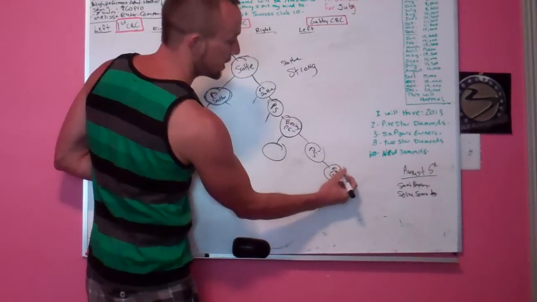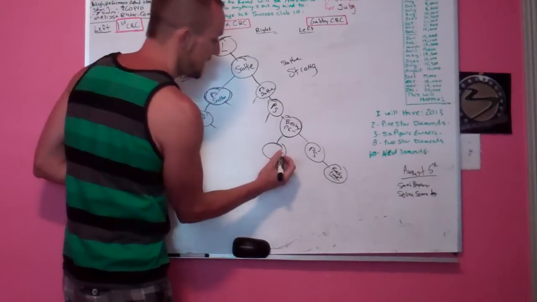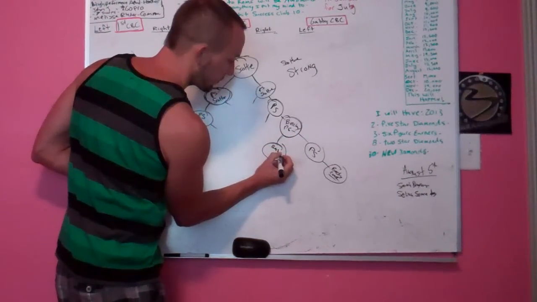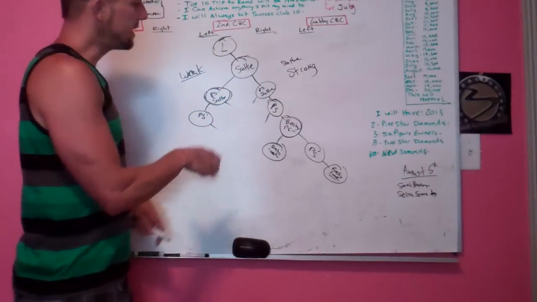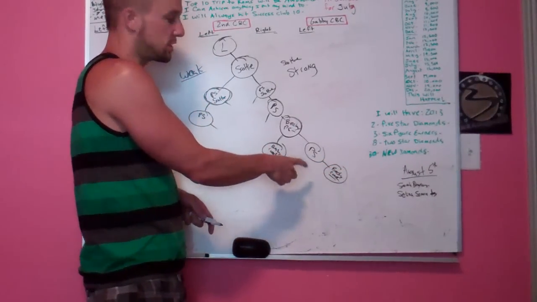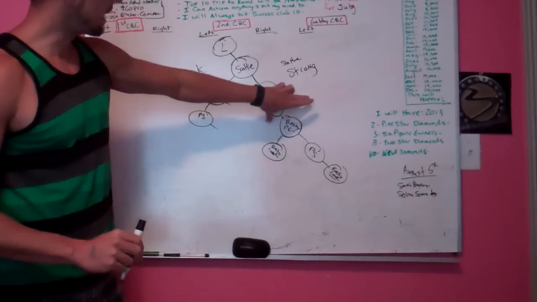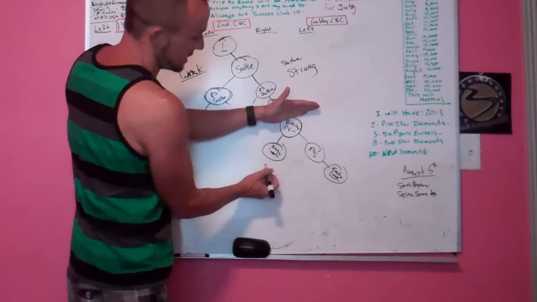So Becky has one coach over here, and she sponsors a coach on her weak leg. This inside leg is her weak leg. Becky's coach. Now Becky is an emerald coach because she has a coach on her right and on her left that she personally sponsored. So this is Becky's organization right here, starting right here. She has her strong leg and she has her weak leg.